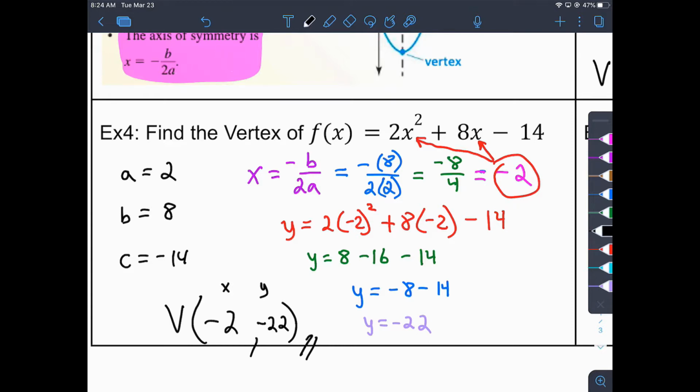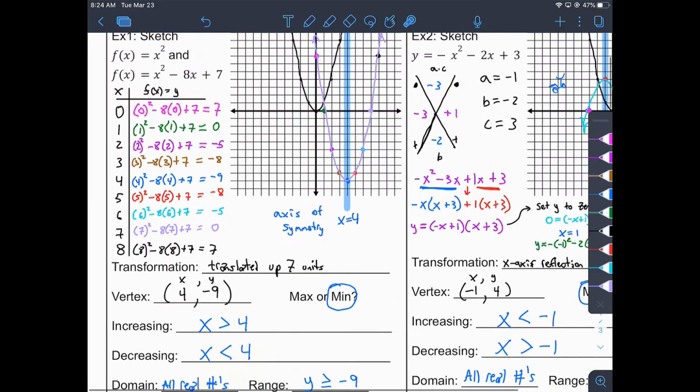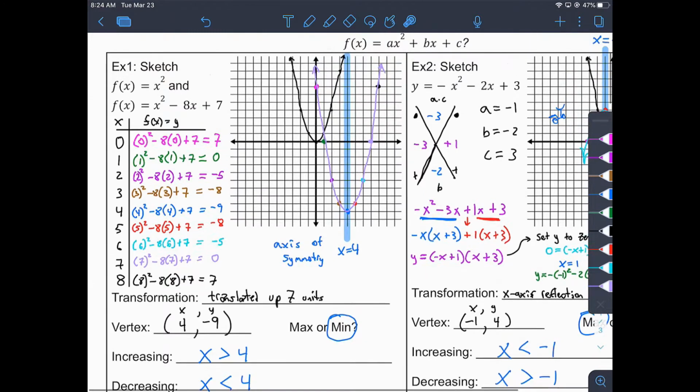And there we go. We have found the vertex with relatively quick mathematics. Definitely a lot more effective than trying to graph it, pick some points, which is still acceptable. I think this is still a great method, and you should know how to do this regardless if you're looking for the vertex or not. Just being able to graph a function is a very good, useful tool.